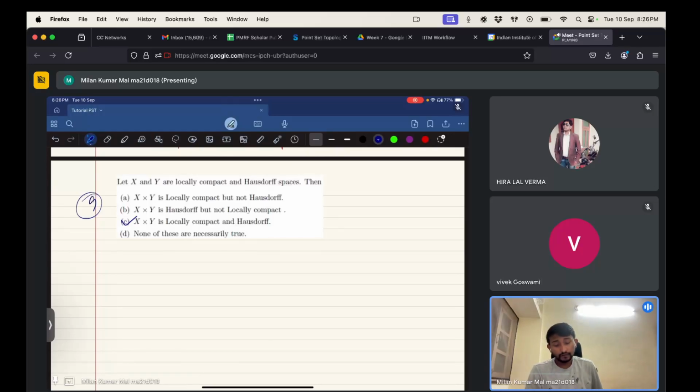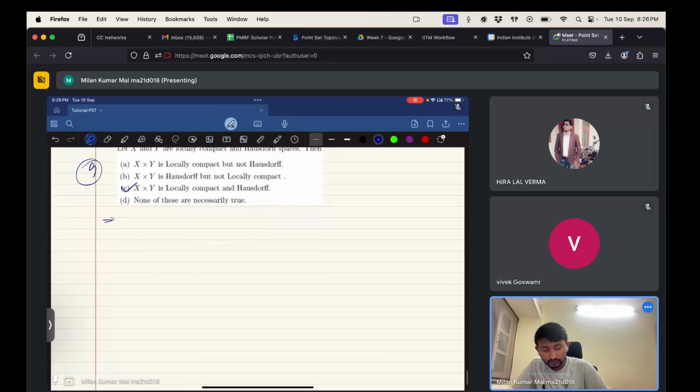If X and Y are Hausdorff, then their product is Hausdorff. I don't think there is anything to prove regarding that. If X and Y are Hausdorff, then X cross Y is again Hausdorff.